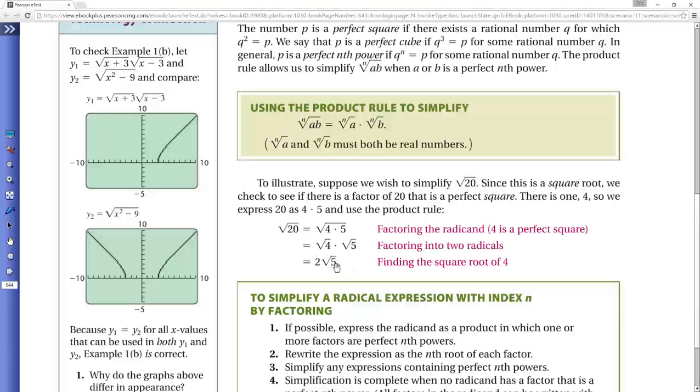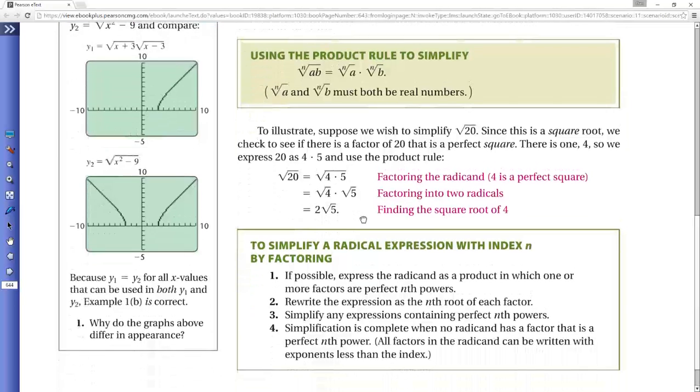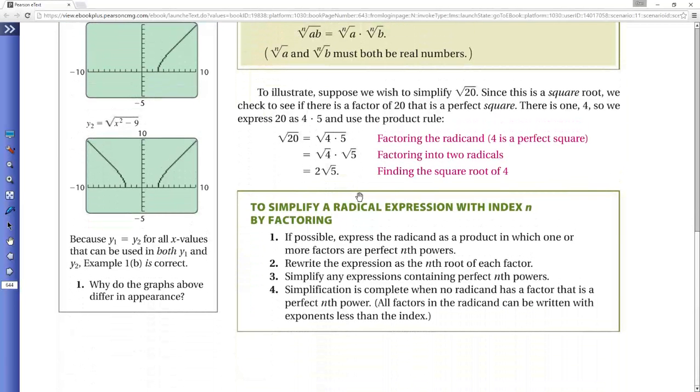Now, the square root of 5 is not a perfect square. We can only give approximations for that square root of 5. And it's kind of like the principle of when we talk about pi, when we're talking about circles and stuff like that. Pi is an irrational number.